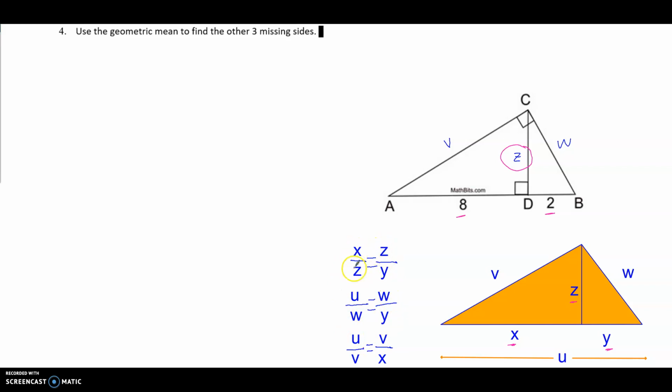Well, this first ratio right here that has X, Y, and Z. So X over Z, that's the same thing as 8 over Z, equals Z over Y. In this case, Y corresponds with 2, or Z over 2. And if I cross multiply, I get Z squared equals 16. And then simply take the square root. I get Z equals 4.